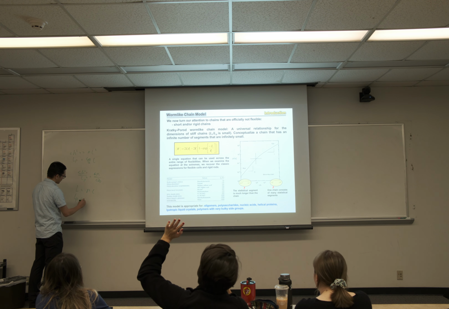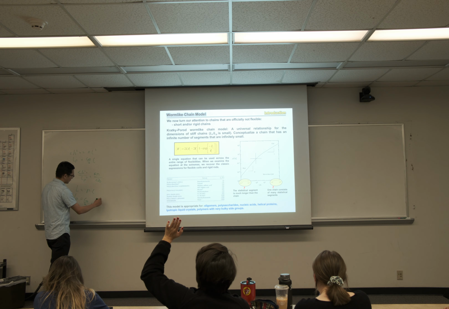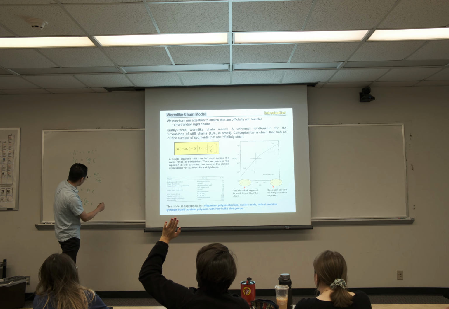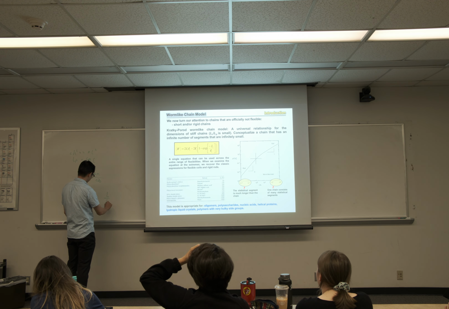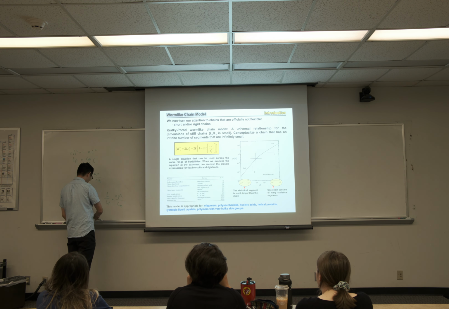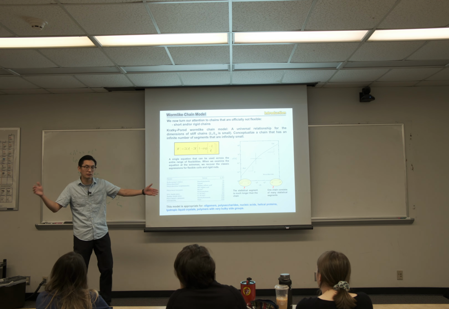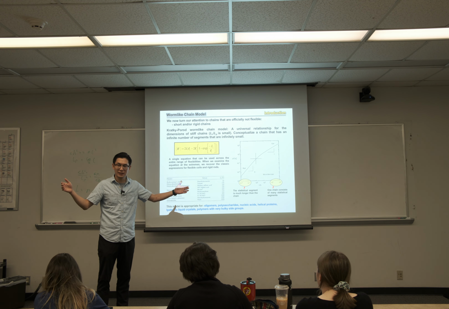LP, again, is 2 divided by C infinity times l. So L divided by LP is basically also related to the bond. But easily, the bottom half, you can understand the total length of the chain.